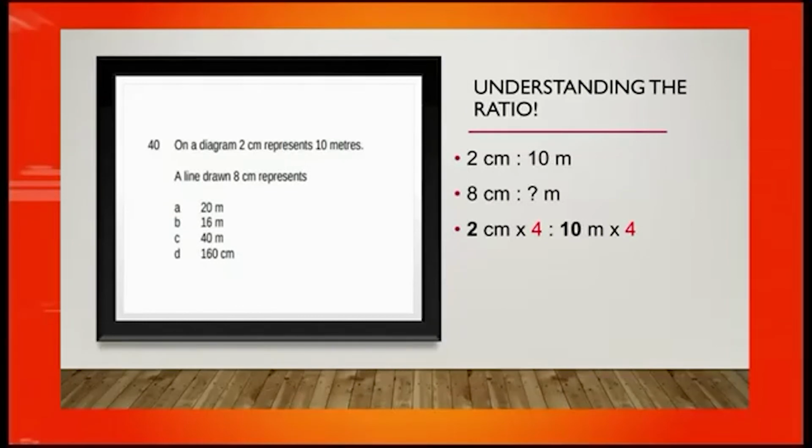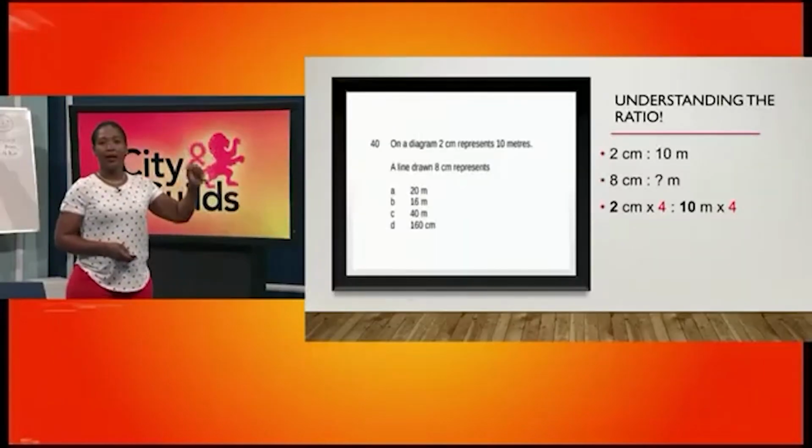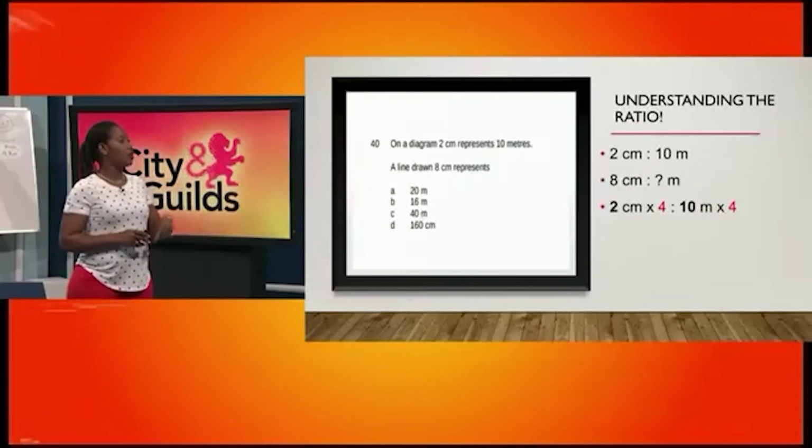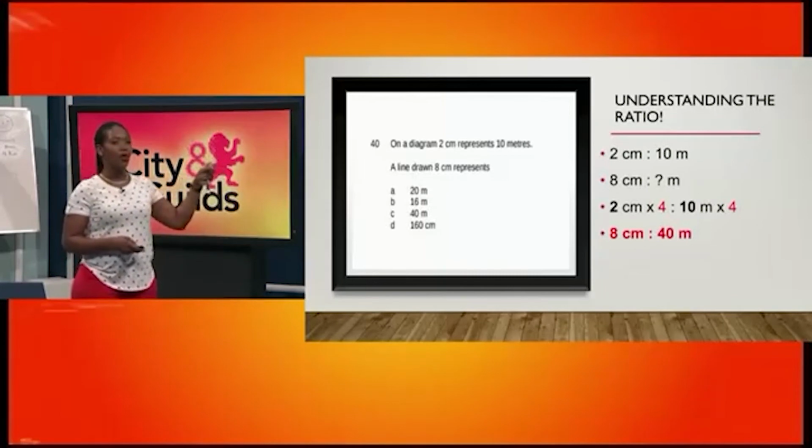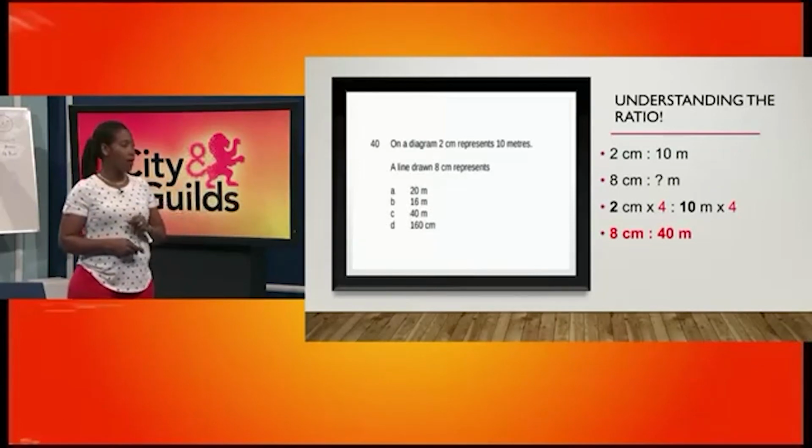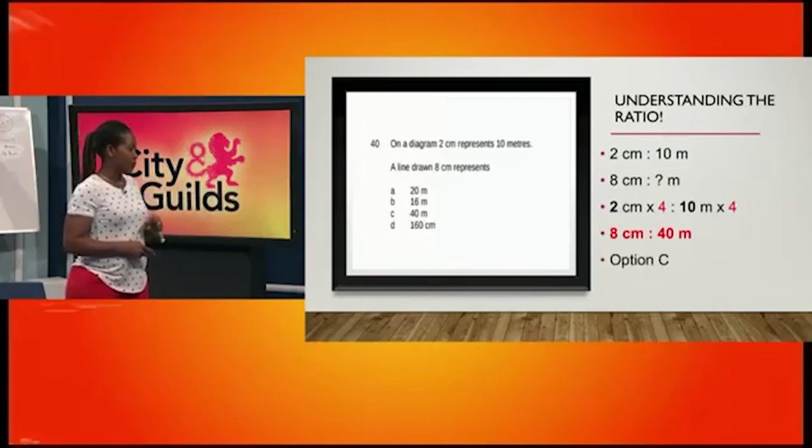If that is the relation between the 2 and the 8, that relation must also exist with the 10 and the unknown figure. So I can easily multiply 10 by 4, giving me 40. So the 8 centimeters will represent 40 meters in actual measurement. All right. And that would be option C.